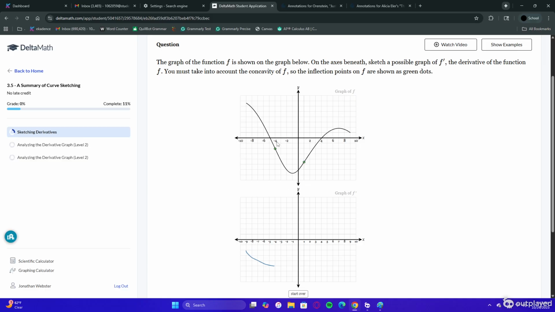So you know that from -4 here to -1 here, the graph of f prime is going to be both increasing because it's concave up and below 0. Now at -1, your graph of f prime is going to be increasing and concave up. So that means that f prime is going to be both above 0 and increasing from -1 to 1.